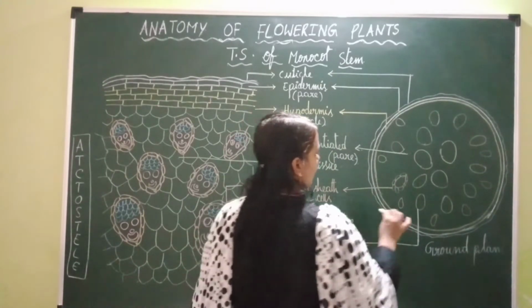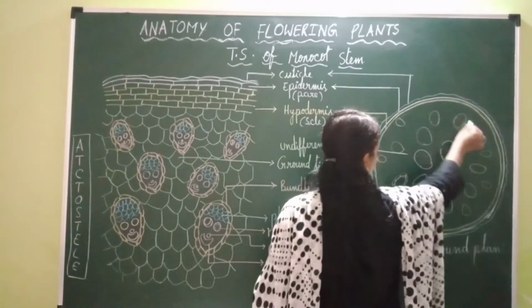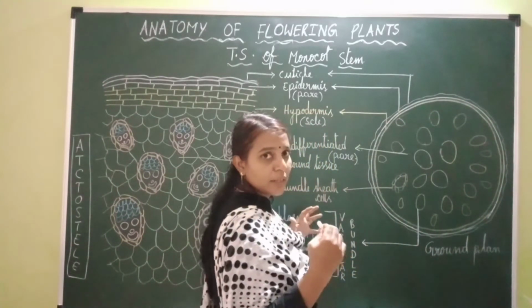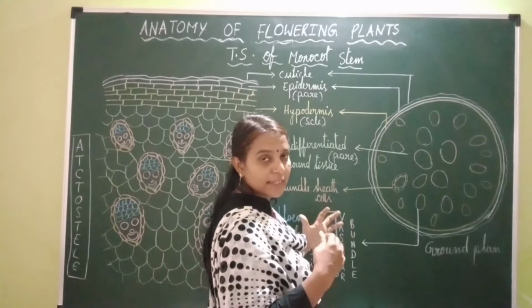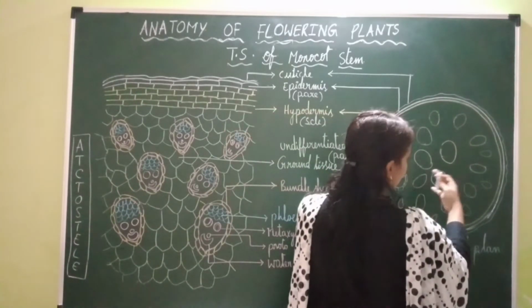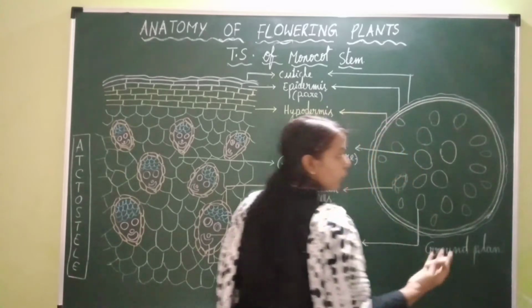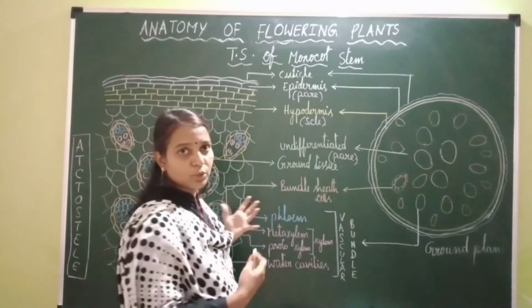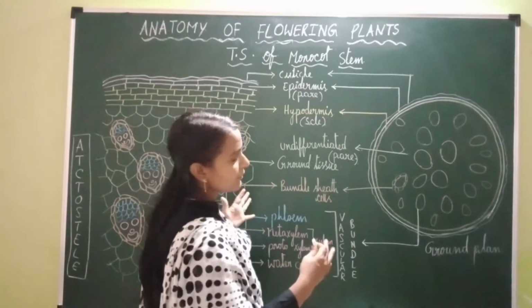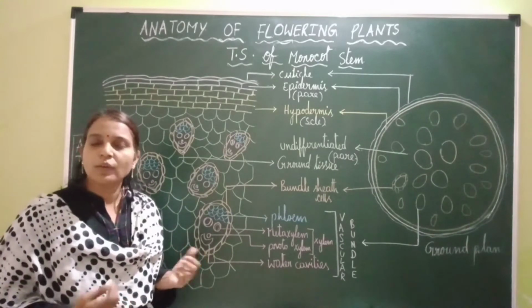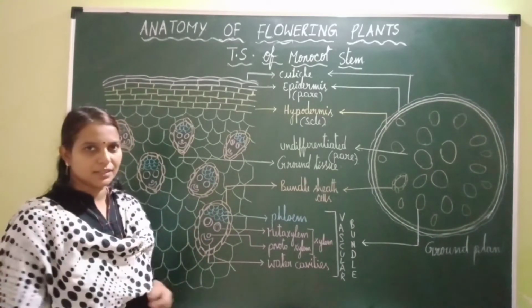Towards the periphery, more vascular bundles are present, that means they are dense. Towards the center, the vascular bundles are not dense, they are loose. Like 1, 2, 3 or 4 vascular bundles are present towards the center, whereas towards the periphery, many vascular bundles which are smaller in size are present. Towards the center, few vascular bundles which are larger in size are present.